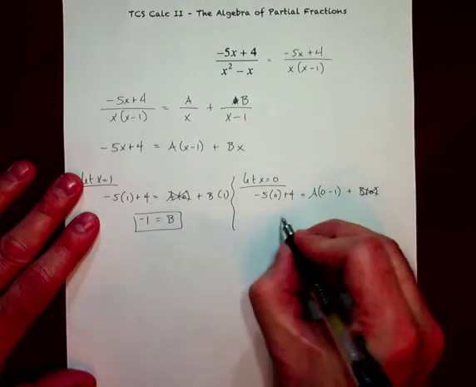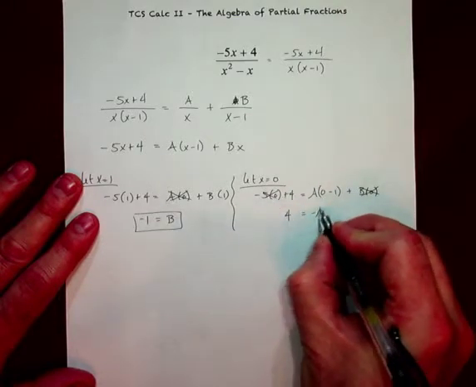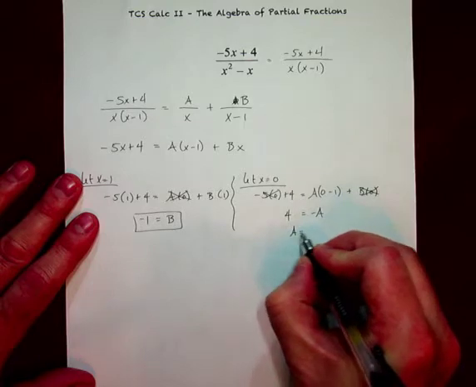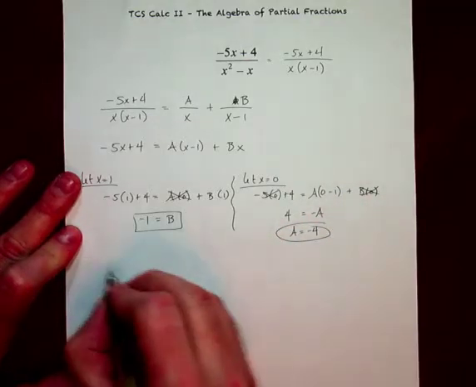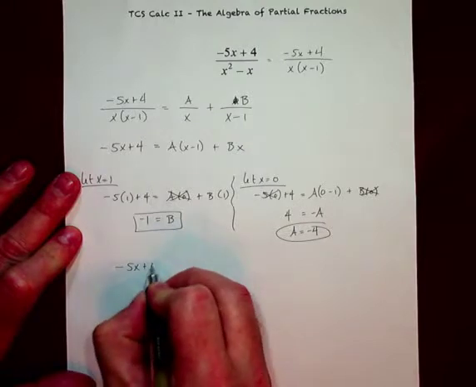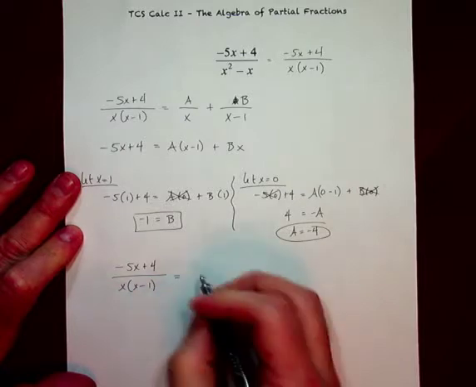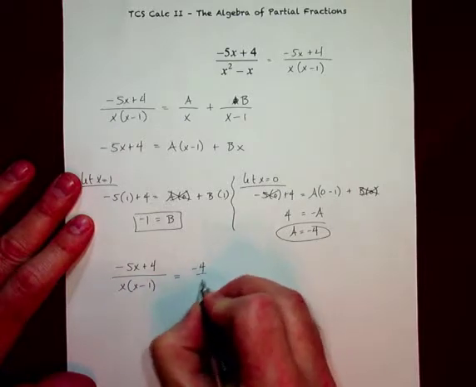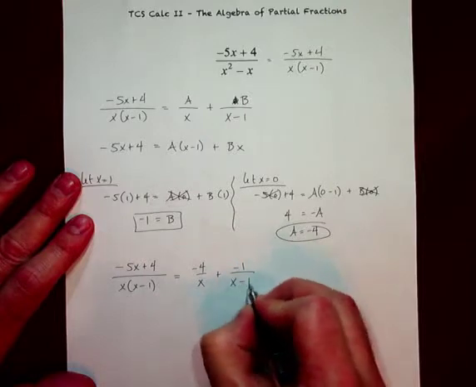And we get 4, because that goes away, is equal to negative a, or a is equal to negative 4. Okay, well, that means that negative 5x plus 4 over x times x minus 1 is going to be negative 4 over x plus negative 1 over x minus 1.